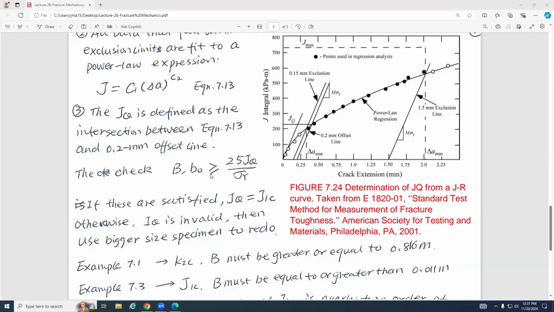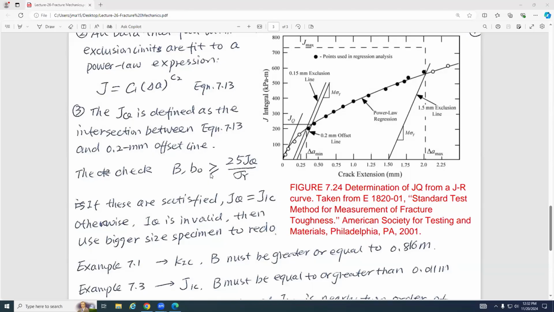Why should we do that, guys? At the very beginning, if we have a new material, usually because it's new, the price is very high, very, very expensive, right? As a result, we always prefer to use a smaller specimen to do the test. However, sometimes under these circumstances the JQ is not valid.